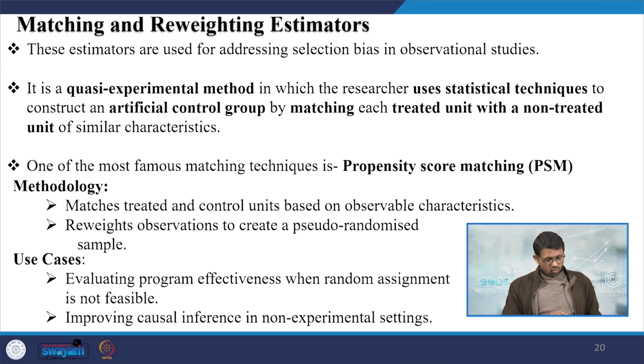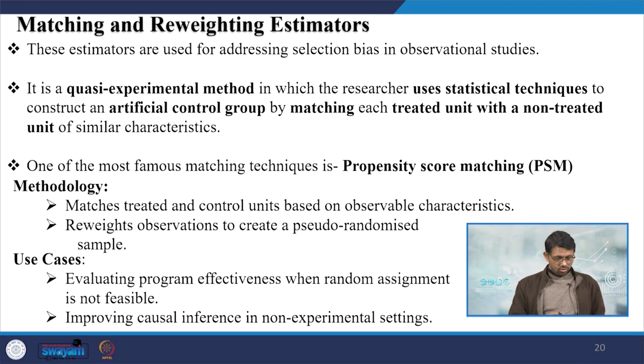One of the most famous matching techniques is the propensity score matching technique, where the matching method is quite important. The propensity score method, in short called PSM, matches treated and control units based on observable characteristics, and reweights the observations to create a pseudo-randomized sample.